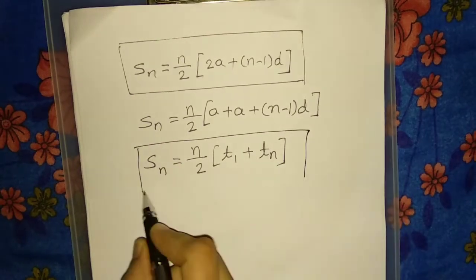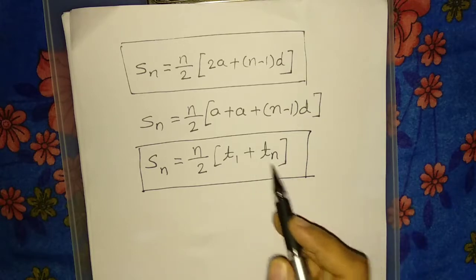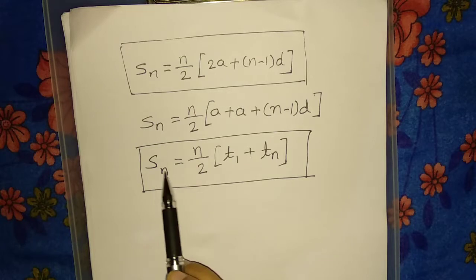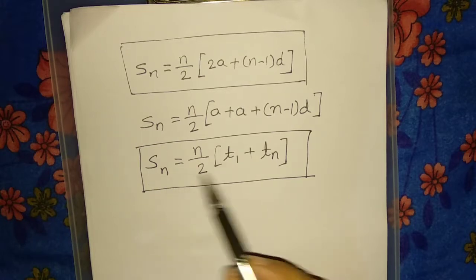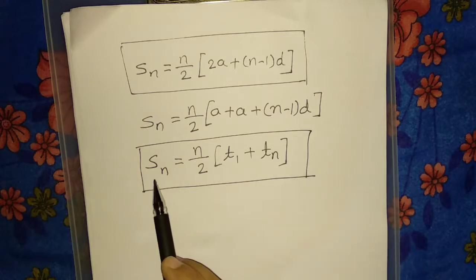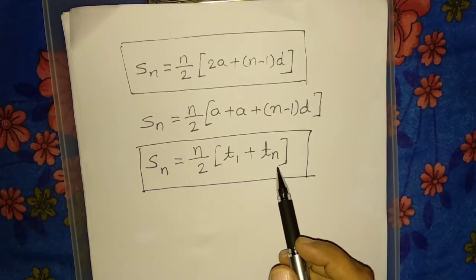Here T1 is first term of AP and Tn is last term. If we are taking S10, then it will be T10, and if we are taking S20, then it will be T20.